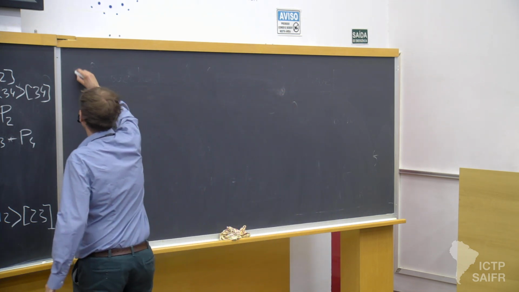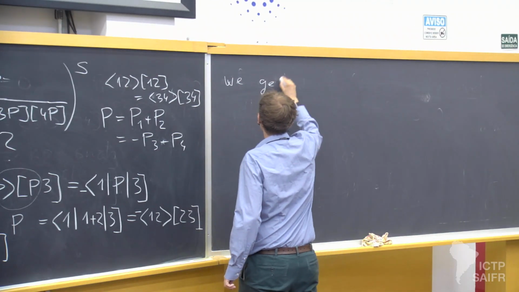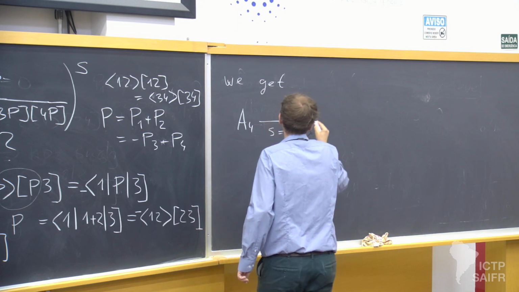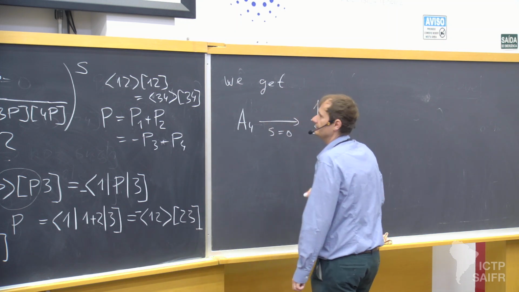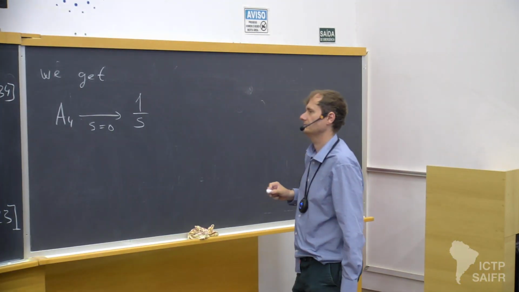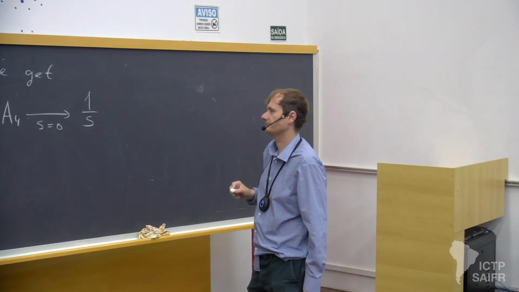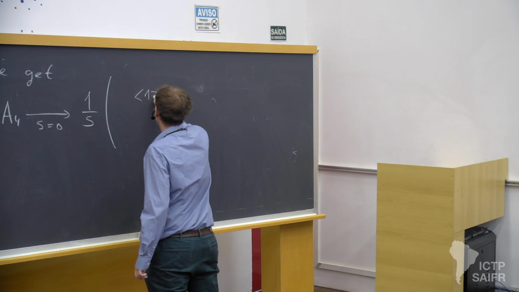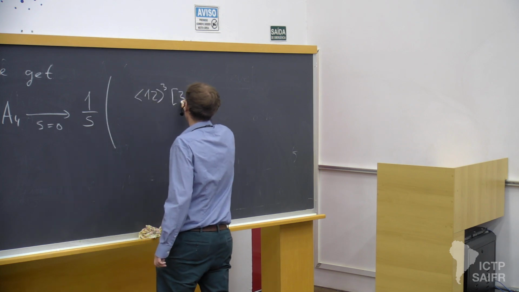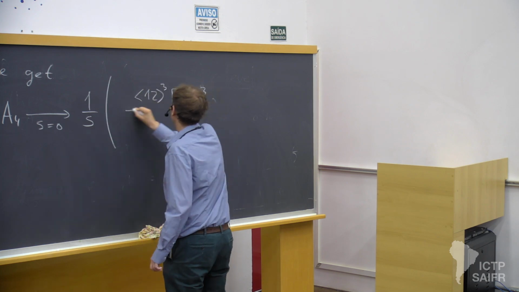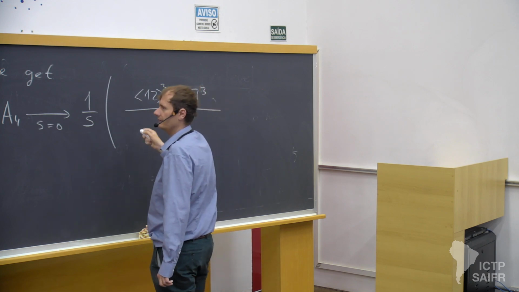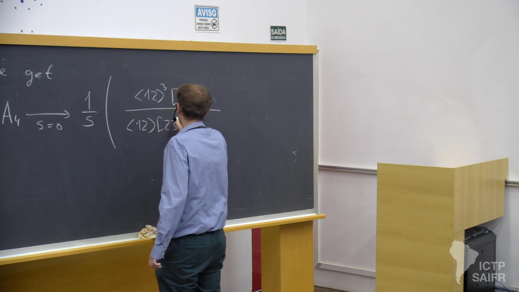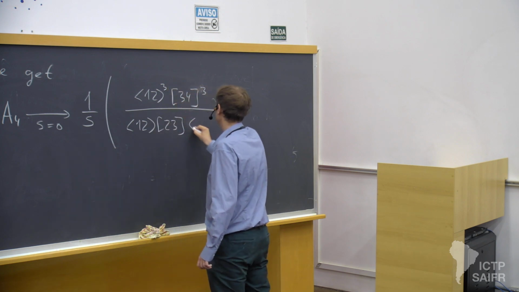Okay, so what we get is a 4 on this S channel is equal to 1 over S, and we assemble what we got here, divided by 1, 2, 2, 3, and 2, 3, 3, 4.